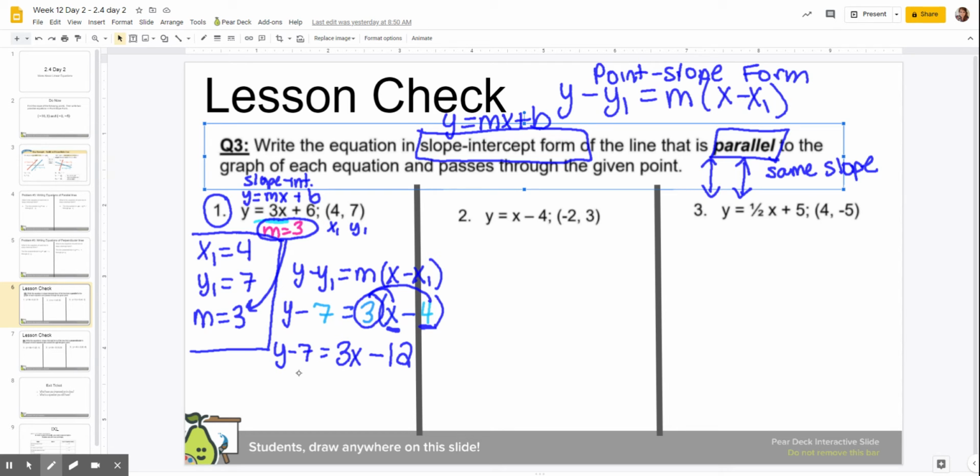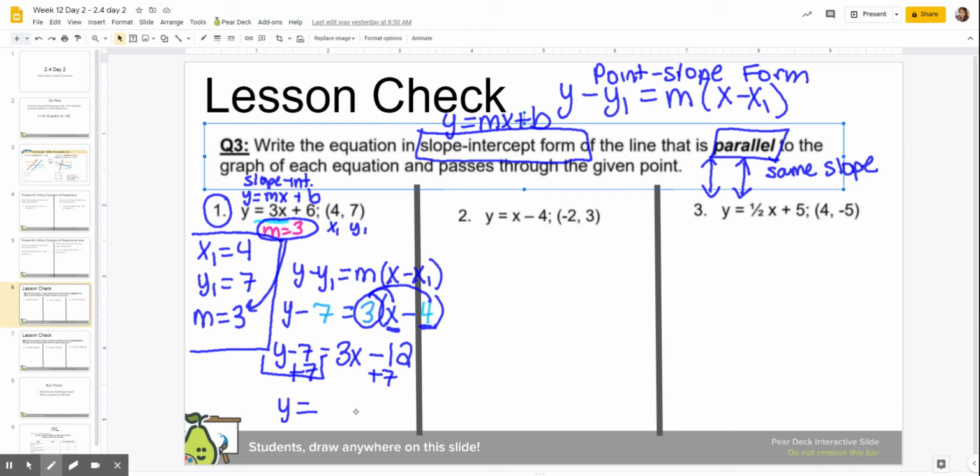And finally, now that our parentheses are gone, the only thing that I need to get rid of now is whatever is attached with the y. I notice y has a -7 behind it. I need to do the inverse to get rid of it and put it to the other side of the equation. So I'm going to add 7 to both sides of the equation.